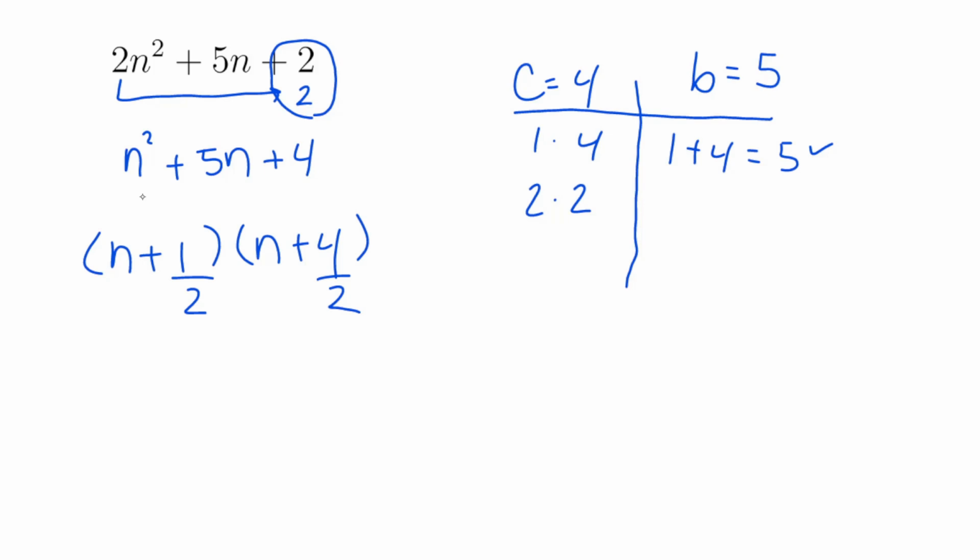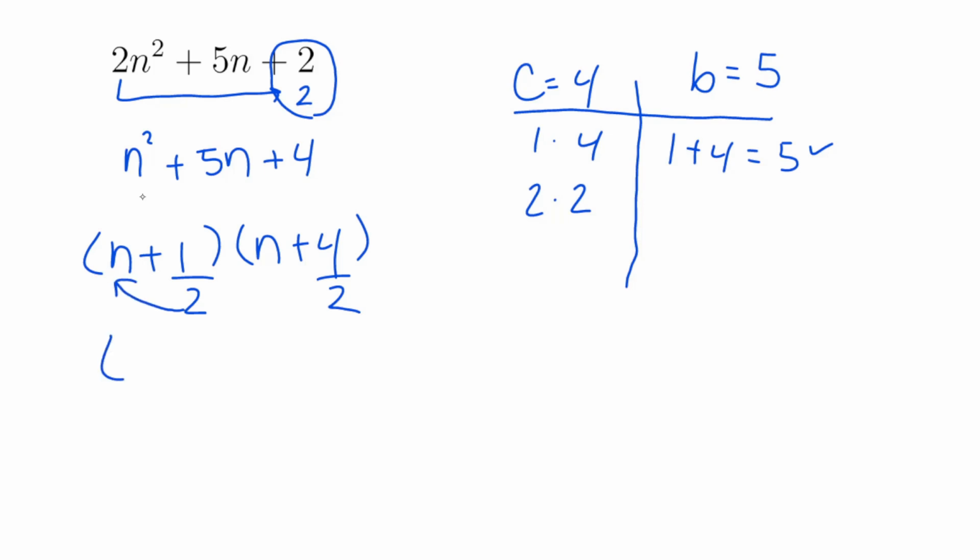So, now that we've done that, we need to look at both of these fractions, like the 1/2 and the 4/2. If your fraction will simplify, you go ahead and simplify it. If your fraction does not simplify and you're left with a denominator, like in this 1/2, you take your denominator and you move it up in front of your variable.